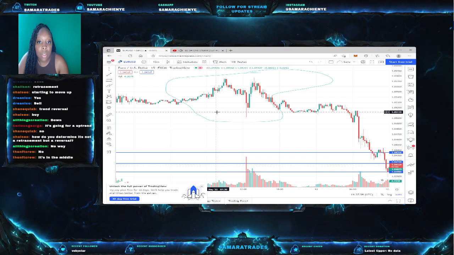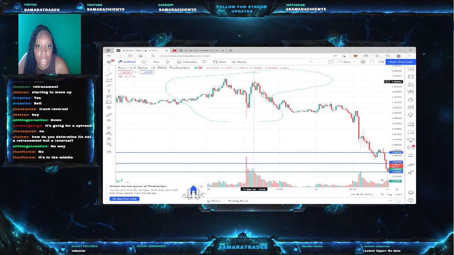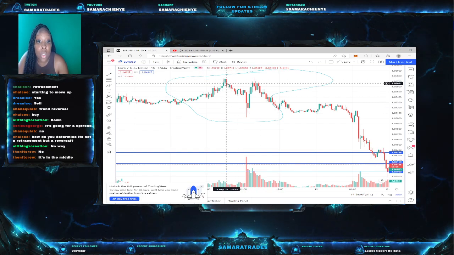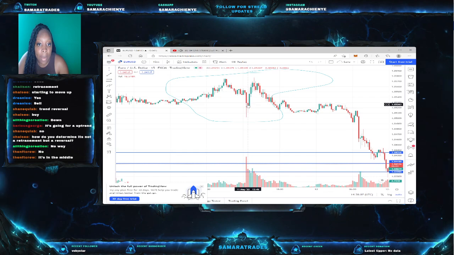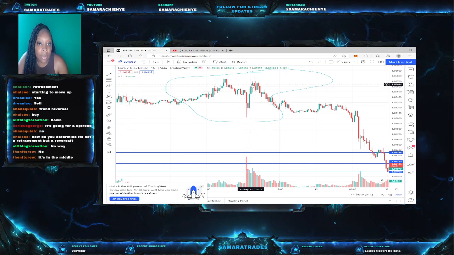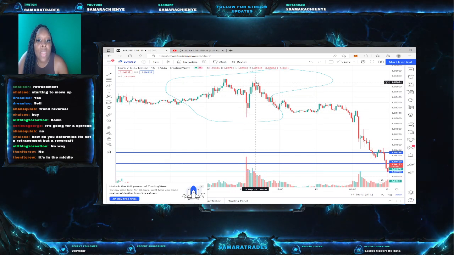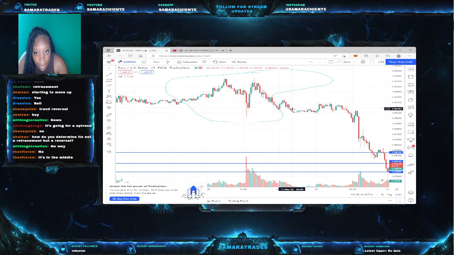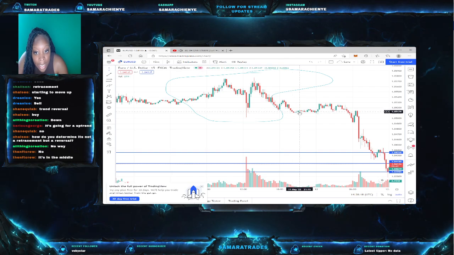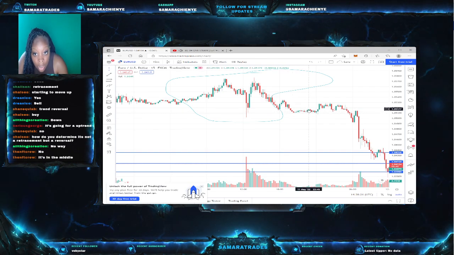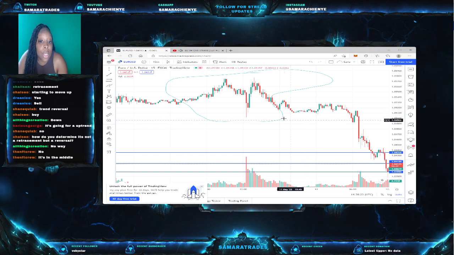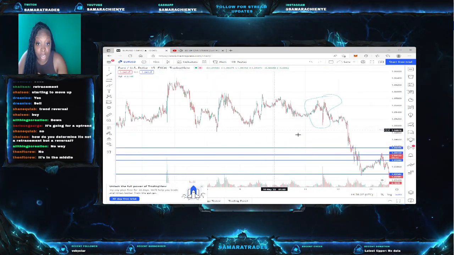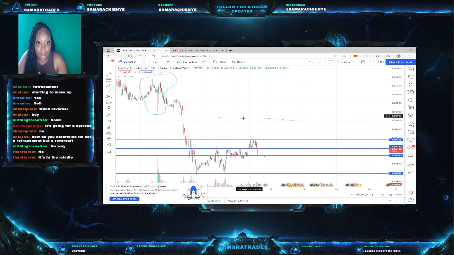So it went up, then it went down. This is where it started to realize, okay, I want to go into a downtrend, right? This is retracement, then it went back down. Retracement here, then it went back down. A little bit of retracement here, a little bit of down. A little bit here, down. That's retracement.